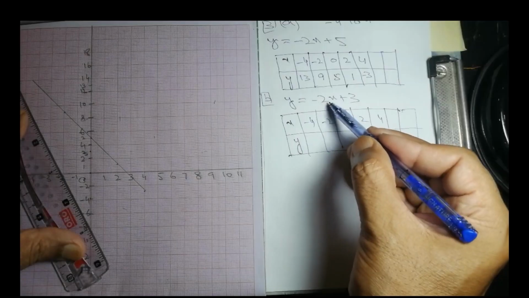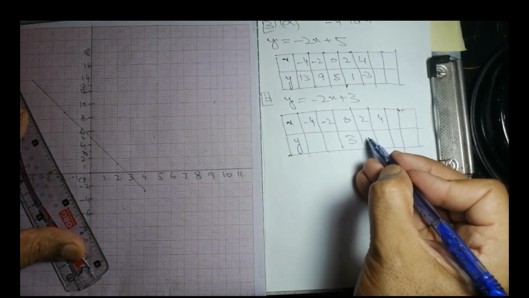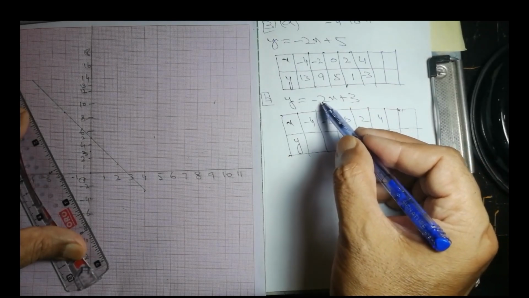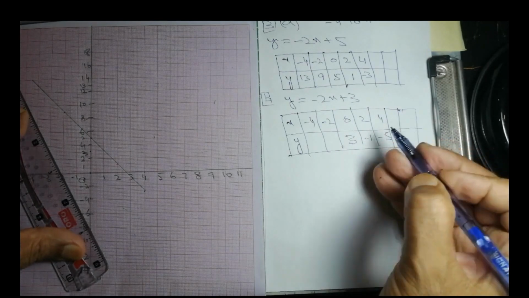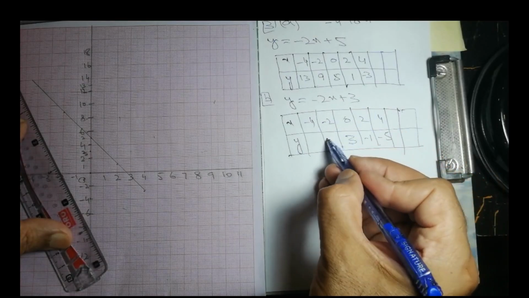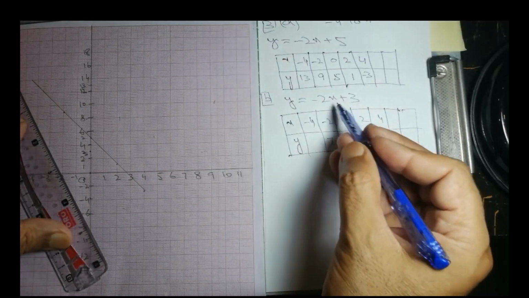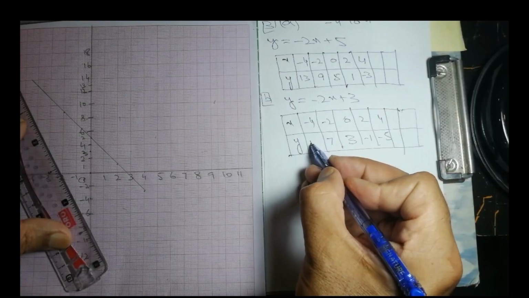So for 0, this will be 3. If we put 2, -4 plus 3, -1. If we put x equal to 4, -2 into 4, -8 plus 3, -5. If we put -2, this will be 4 plus 3, 7. If we put -4, -2 into -4 is 8, plus 3, 11.